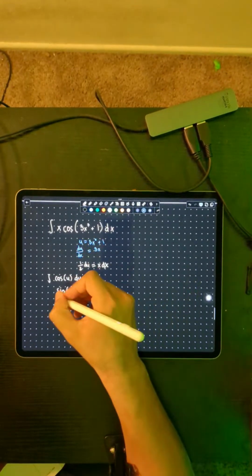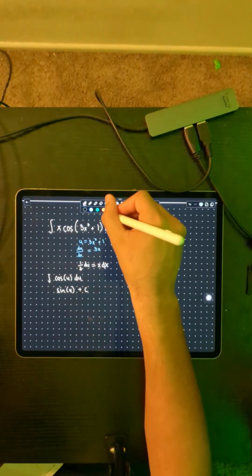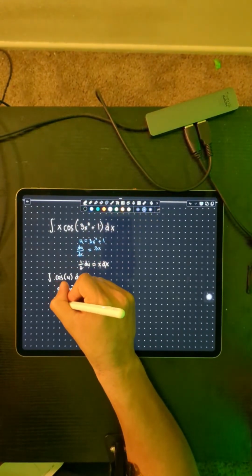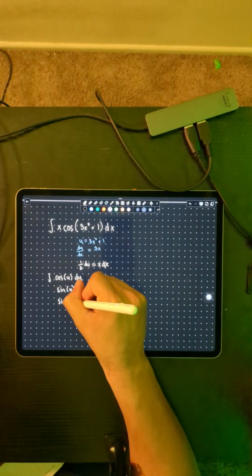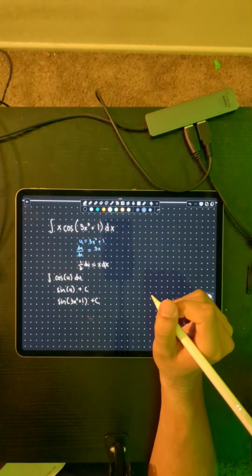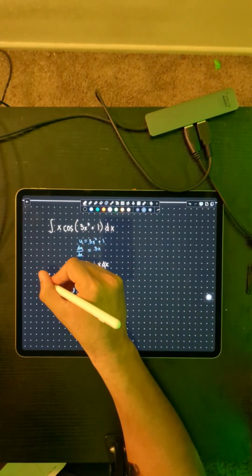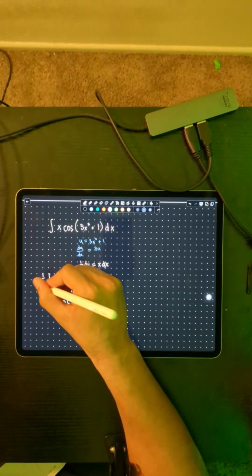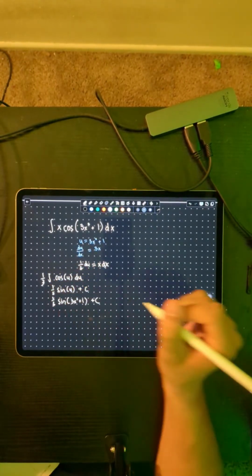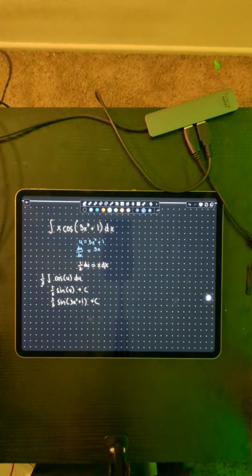And then let's replace our u with 3x squared plus 1: sine of 3x squared plus 1 plus c. And I did forget a 1/3 here, 1/3 du. I'm going to tack in a 1/3 everywhere.